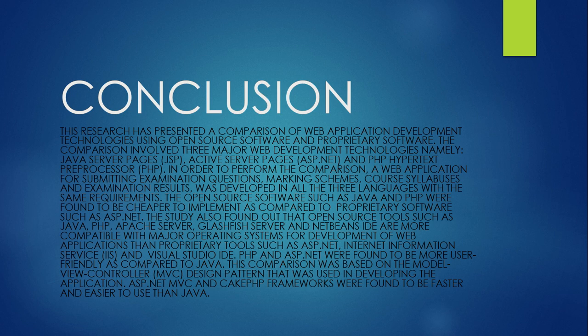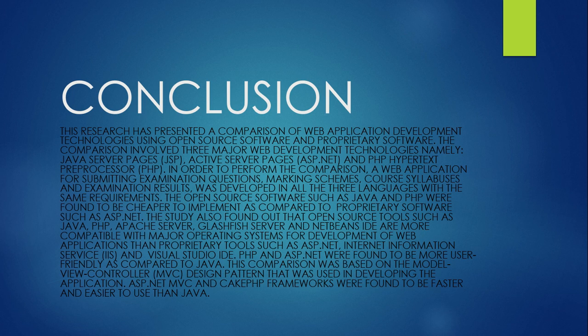Then the conclusion of this journal is that this research has presented a comparison of web application development technologies using open source software and proprietary software. The comparison involved three major web development technologies, namely Java Server Pages or JSP, Active Server Pages or ASP.NET, and PHP Hypertext Preprocessor or PHP.